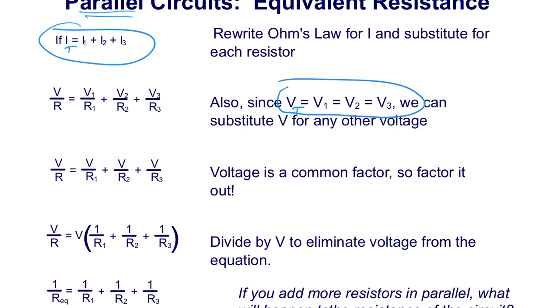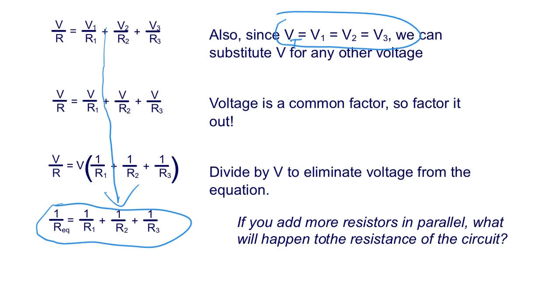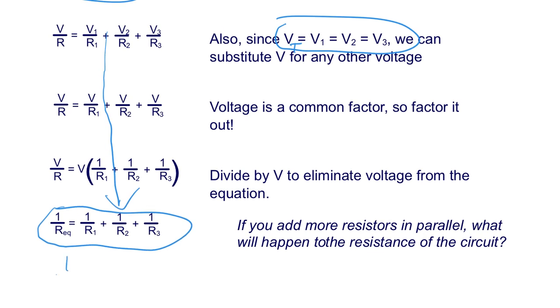Okay, so right here, all they're doing is verifying this rule, which I won't derive for you. But for resistances, the rule for parallel resistances is that 1 over RT equals 1 over R1 plus 1 over R2, etc.